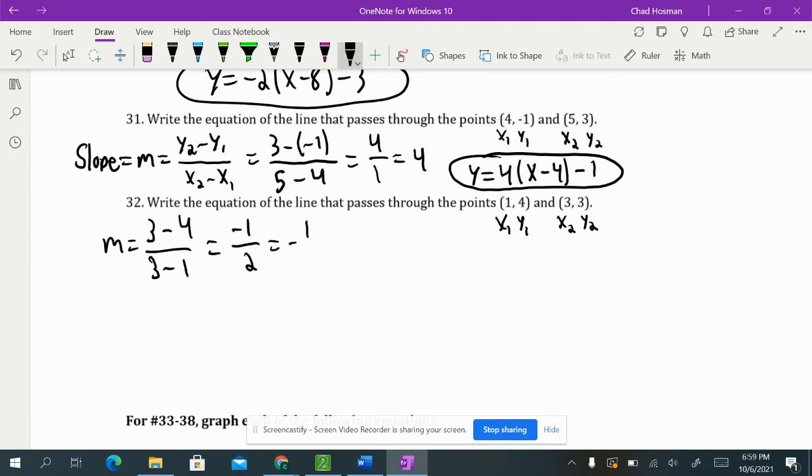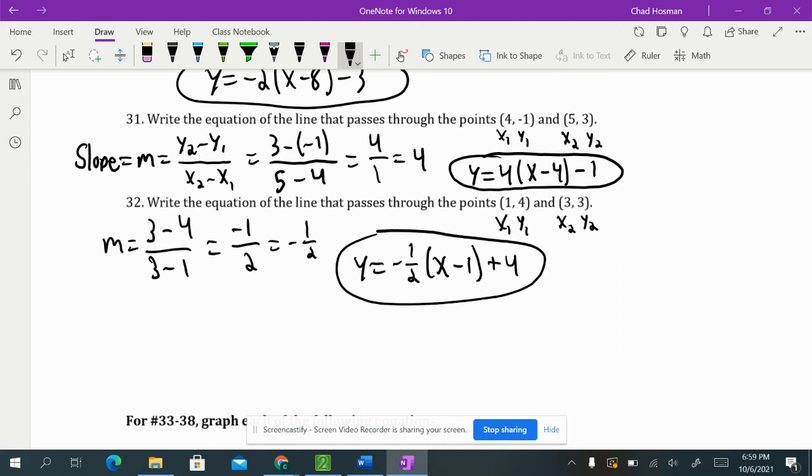So we get a slope of negative 1/2. So our equation is going to be y equals m, which we know is negative 1/2, times x minus x1, which we know is just 1, then plus y1, and y1 is just 4. All right, so we have our equation there.